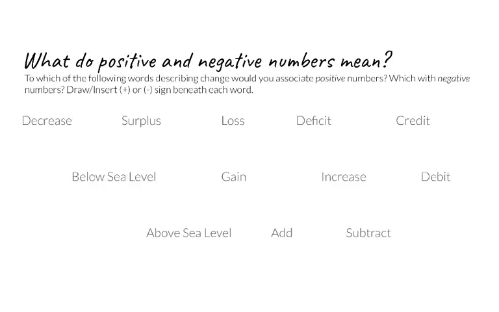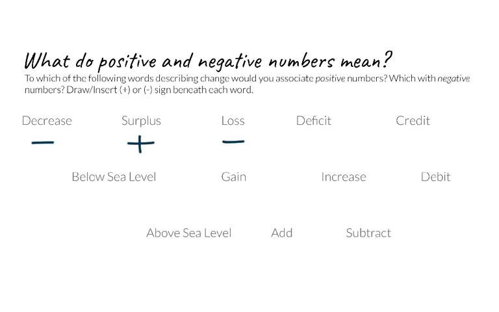What do positive and negative numbers mean? So all of these numbers on the page kind of give us an idea of whether or not it's a positive or whether or not it is a negative, okay? So we're going to go through these words, and I'm going to draw either a plus sign or a minus sign to indicate whether or not they're positive or negative. So if we're talking about decrease, that is negative. A surplus means extra, so that is positive.